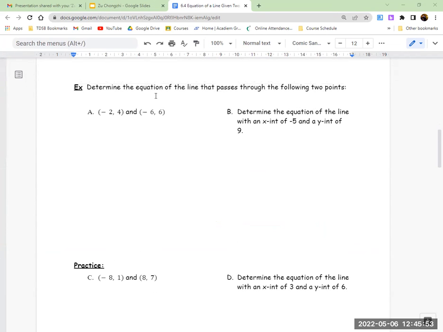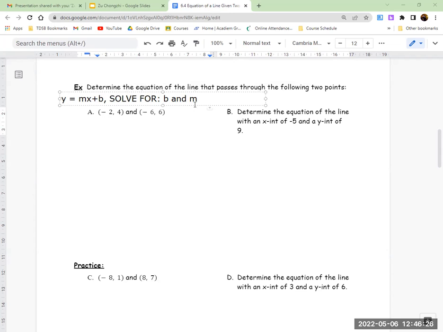All right? Determine an equation. This is one question on its own. Determine an equation if I just give you 2 points. Well, what do I need again when we want an equation? What 2 numbers are the most valuable? What do we have to solve for if you want an equation? B and M. Yeah.